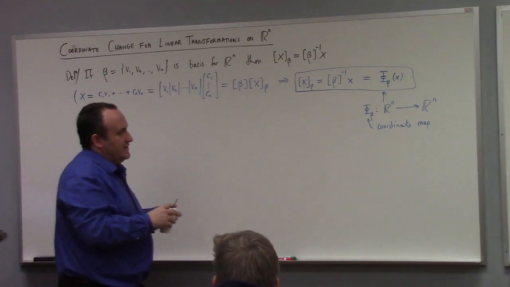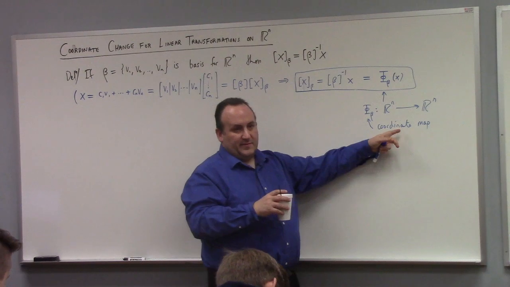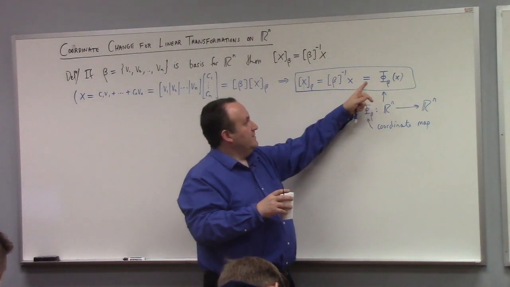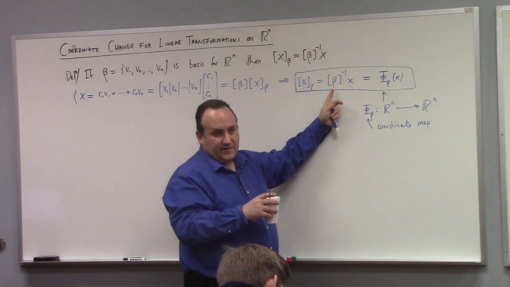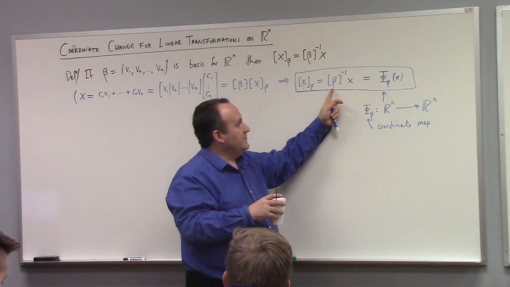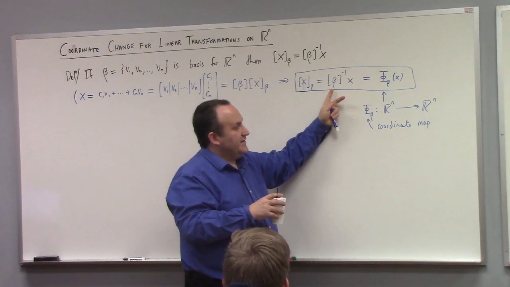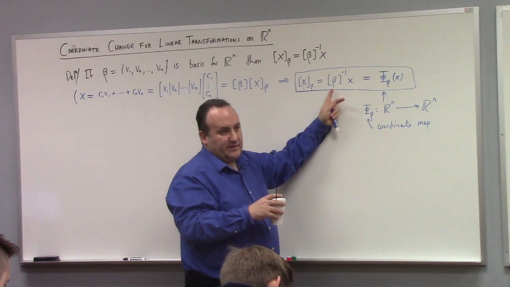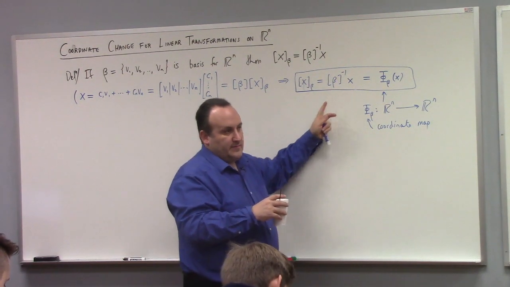Like what's the matrix of the coordinate map? Well, the matrix of the coordinate map is just the inverse basis matrix, right? See that? And if we sort through things, if the matrix of a linear transformation is invertible, then the linear transformation is invertible.